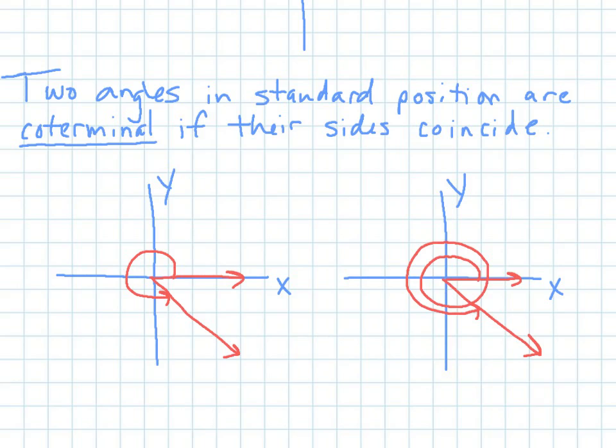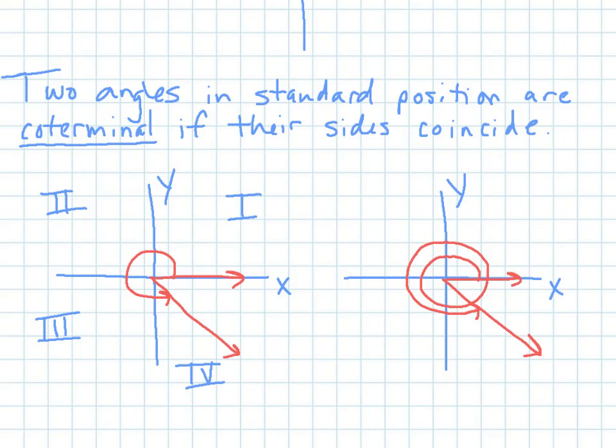Okay? So looking at this first one, we have an angle that goes all the way around into the fourth quadrant. So remember, from geometry, first, second, third, and fourth quadrants. And so it lands at a certain degree angle, but on the one on the right, we go around not just once but twice, and we end up at the same spot. So these two angles are coterminal because their terminal sides are at the same location in the fourth quadrant.